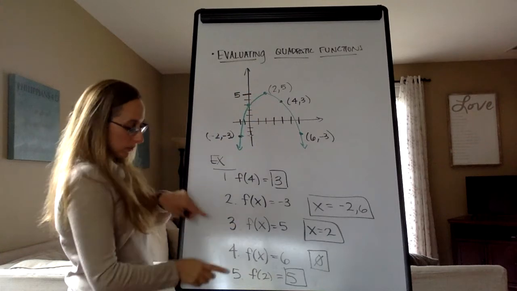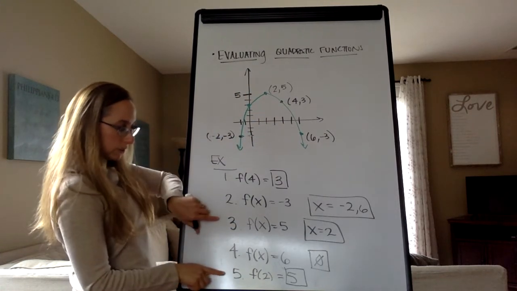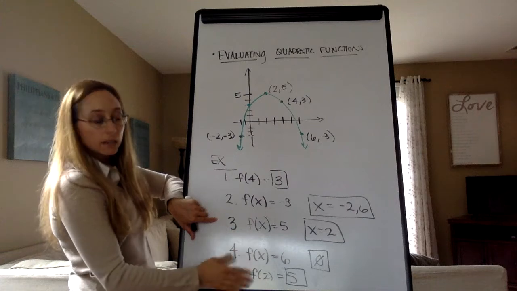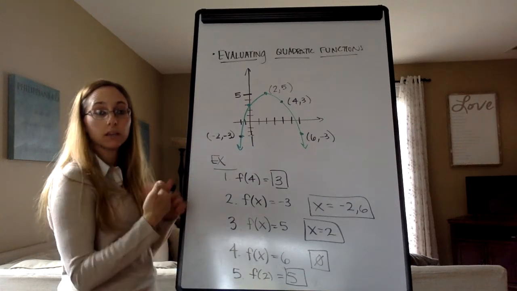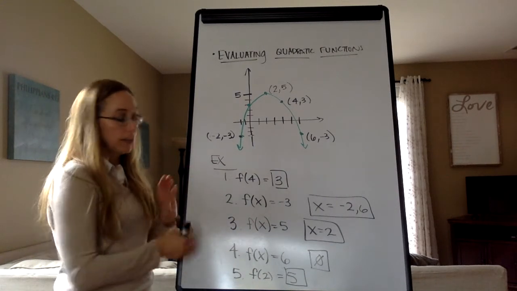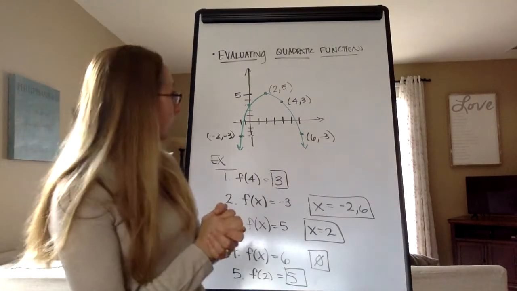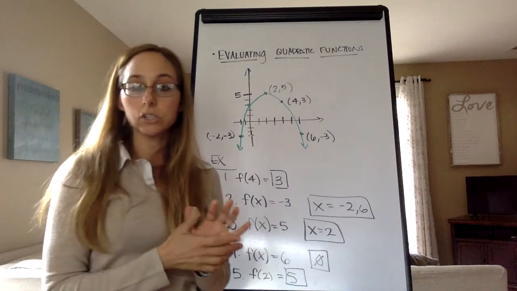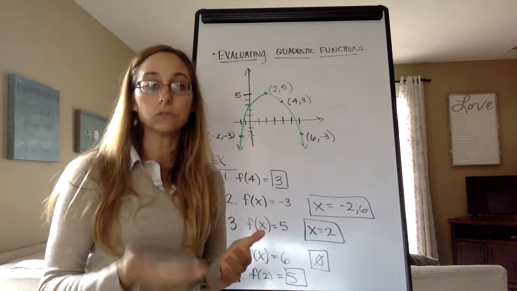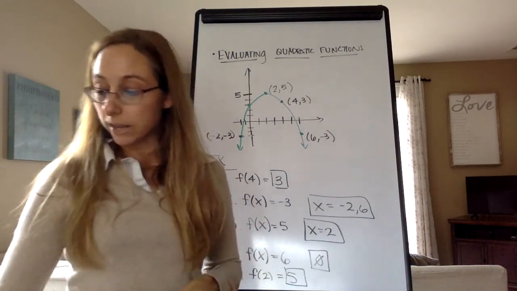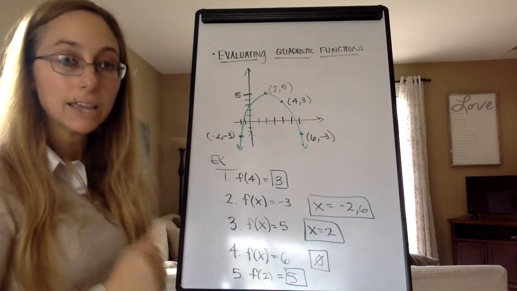So it's going backwards. There's a difference between where the x is and what you're trying to solve for. Just being comfortable with function notation is going to get you through this section. Okay, so that is how we evaluate quadratic functions in the form of equations and also in the form of graphs. So let's go ahead and take a look now at multiplying polynomial expressions and functions.